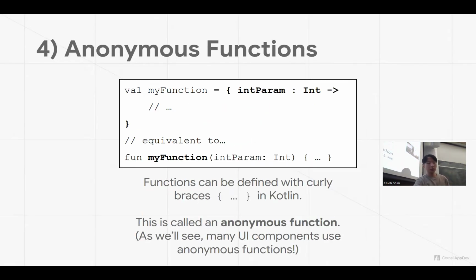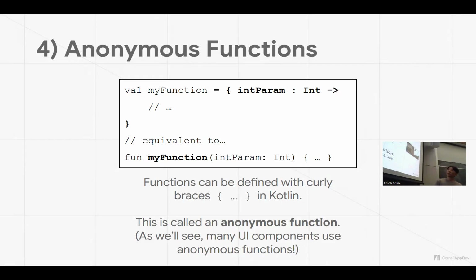Okay, moving on. Another very useful thing that Kotlin has is anonymous functions. Maybe you heard the term lambda before, but it's essentially a way to use functions without creating a new function for it.